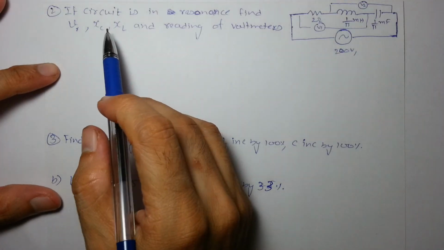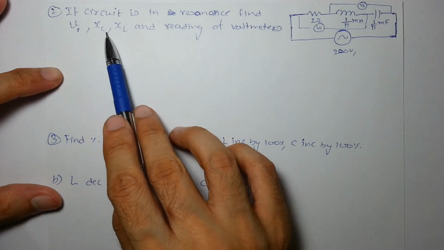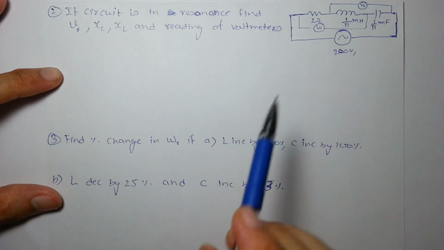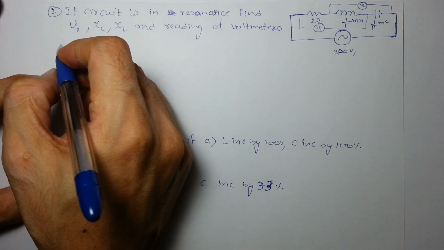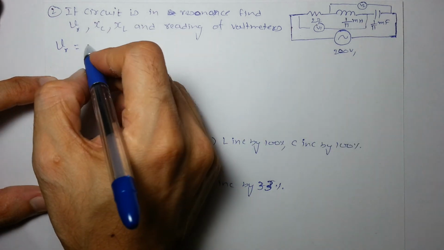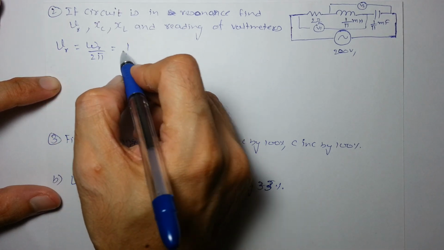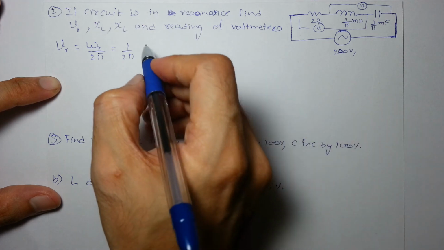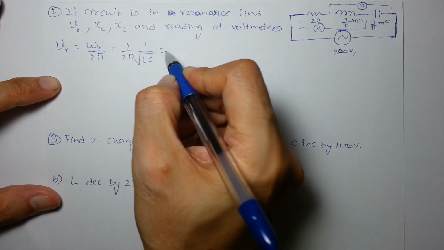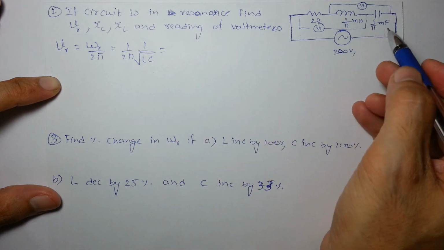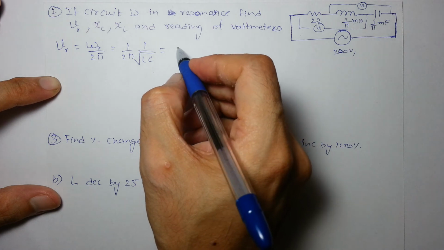The next question is, if the circuit is in resonance, we have to find resonating frequency, XC, XL, and the reading of voltmeters. So as we know, for C and L, resonating frequency is nothing but resonating angular frequency by 2 pi. So it will be 1 by 2 pi into 1 by root LC. L and C both are 1 by pi millihenry, 1 by pi millifarad.